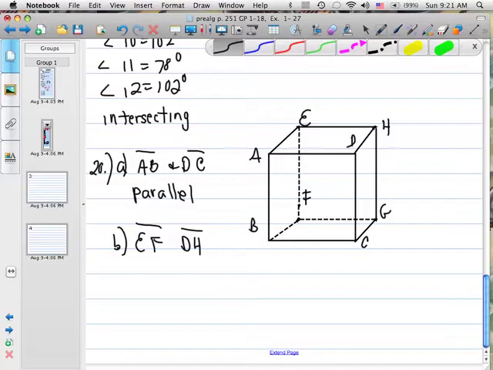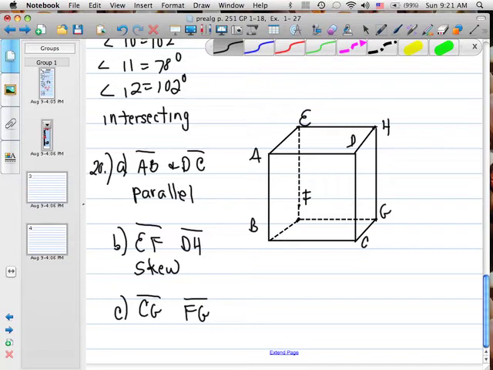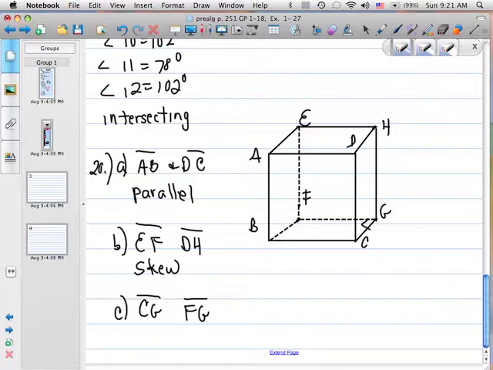They're in different planes and they're definitely not parallel or perpendicular, so they're skew. C, we have CG and FG. Here's CG, here's FG, and they run into each other, so they're intersecting, but they're also going to be perpendicular because it makes a right angle right here. So put perpendicular.